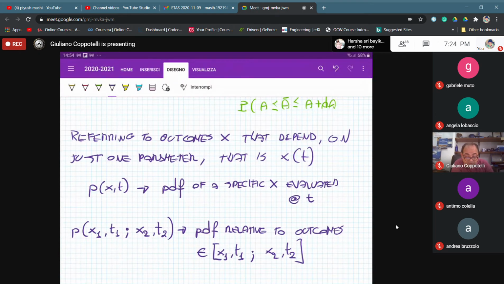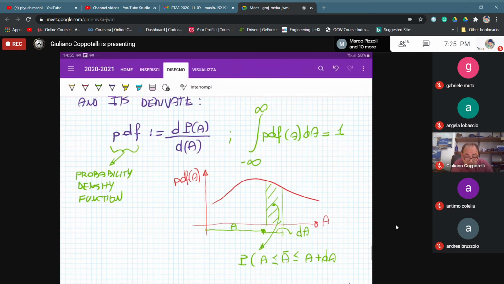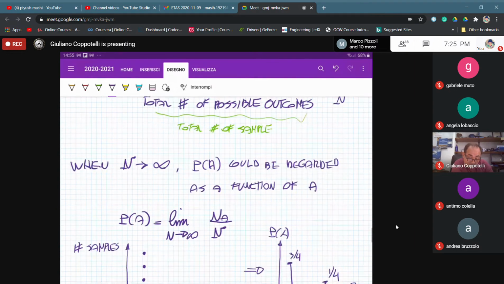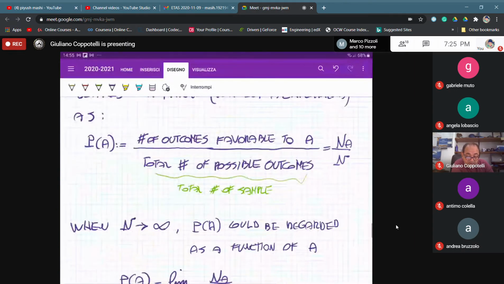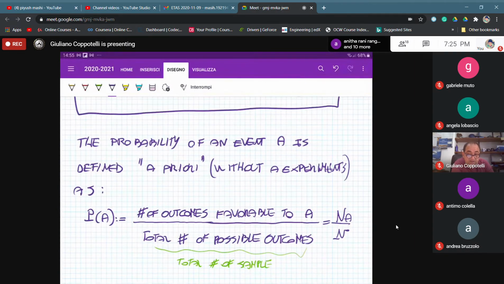Please note that when we start our discussion referring to the probability of an event A, we have a discrete number. So for a given A, we have that probability. There is no link between one A and the other one.